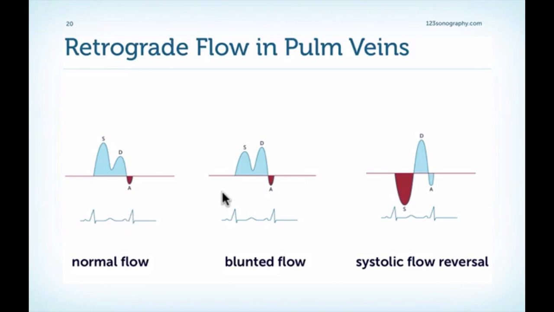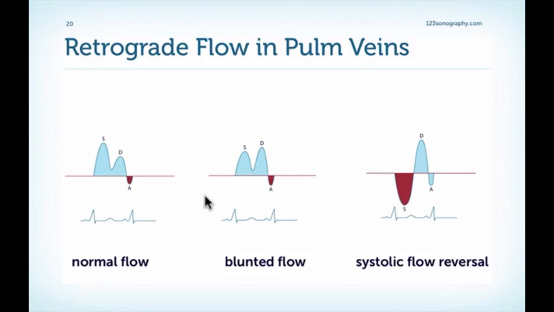If mitral regurgitation increases, we have an increase of the diastolic component and also of the retrograde flow. If we have severe regurgitation, we see significant retrograde systolic flow. So the pulmonic signal can be used to assess the severity.